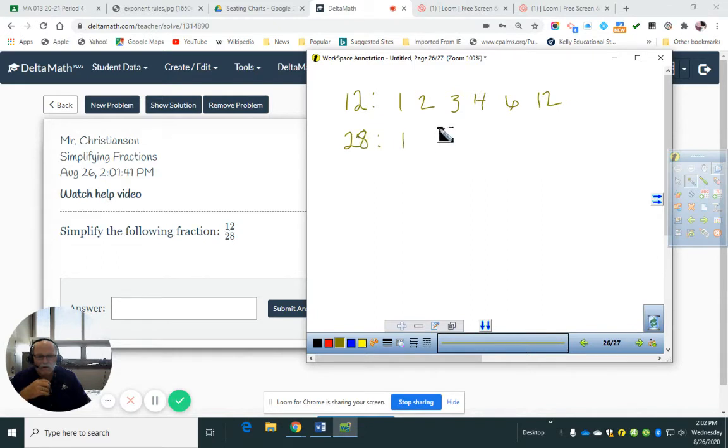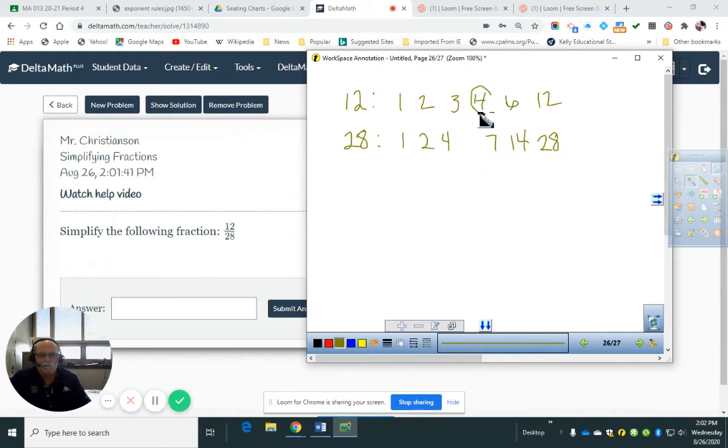And so 1 and 28, right? 2 and 14, 3 doesn't work, 4 and 7, 5 doesn't work, 6 doesn't work. Okay, so then we say, well, what's the largest factor they share?